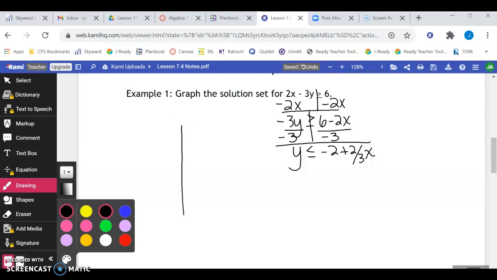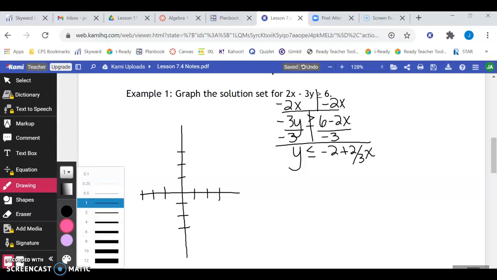And then we can graph this. Our y-intercept is -2. So we put a dot at -2. And then our slope is 2/3. So that means we're going to go up 2 and over 3. And then we have to look at our inequality symbol.